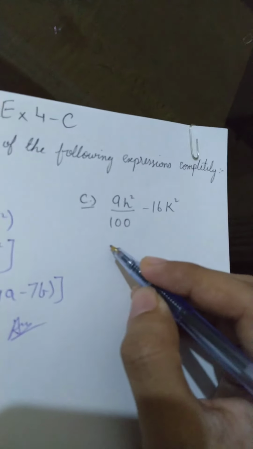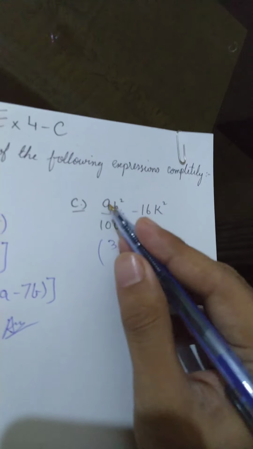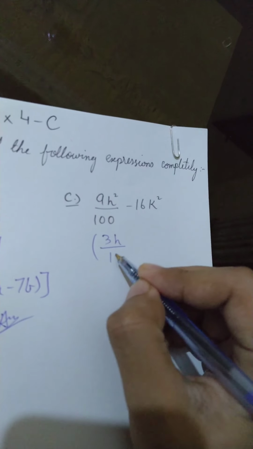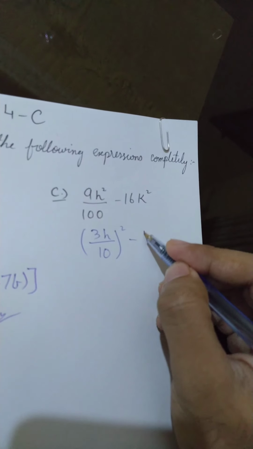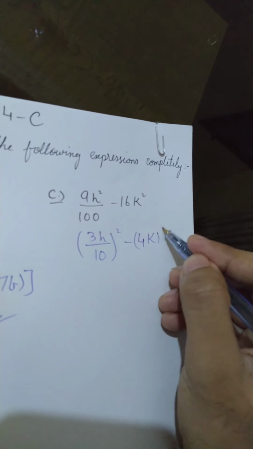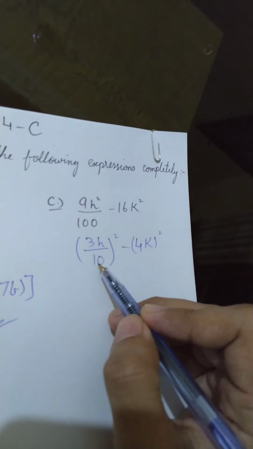So the first number will be, if I put the bracket first, 3 square will be 9, square of h will be h square, upon square of 10 will be 100 whole square, minus 4 and k square. A square minus b square, so 3h upon 10 is my a and 4k is my b.